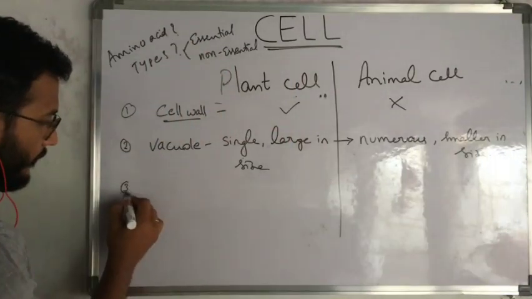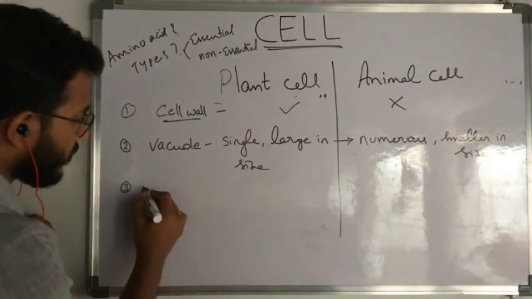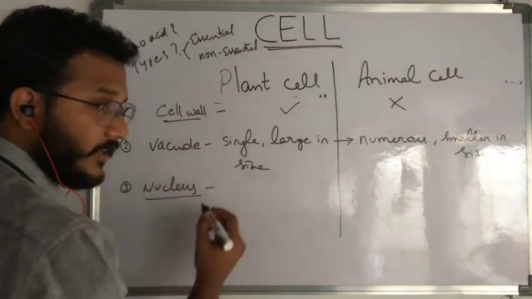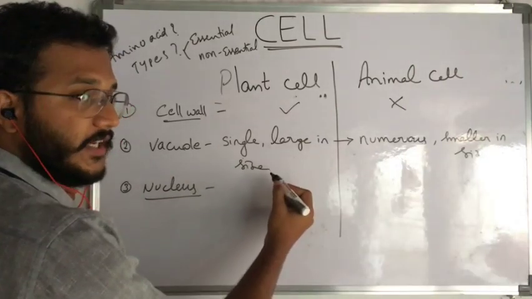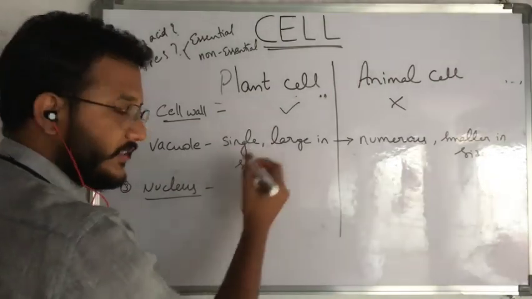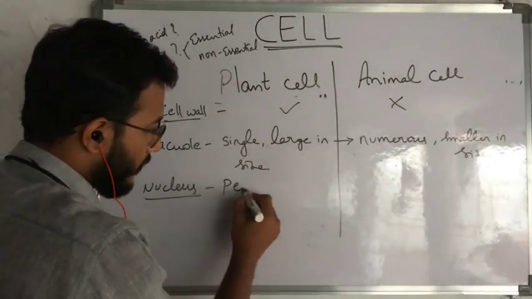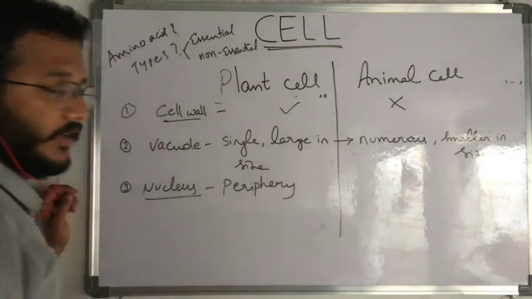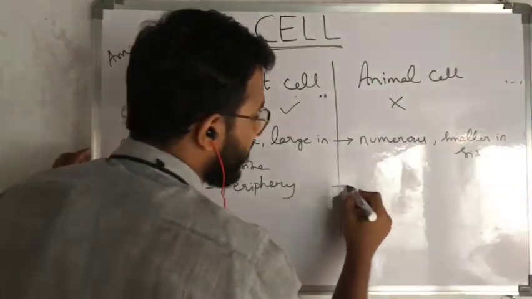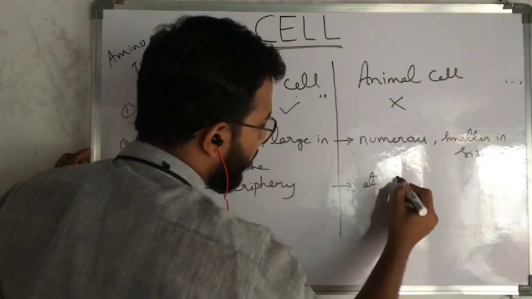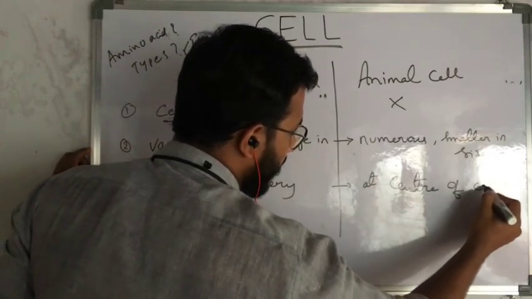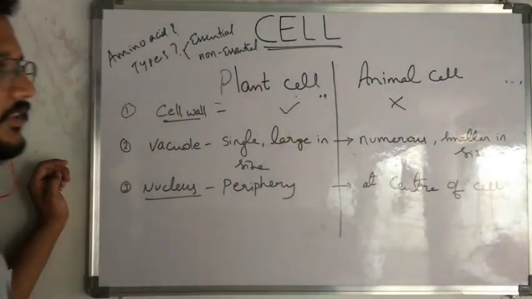So due to that, what is the position of the nucleus? Due to the presence of a large vacuole, the nucleus is pushed to the periphery, and here the nucleus is at the center of the cell.